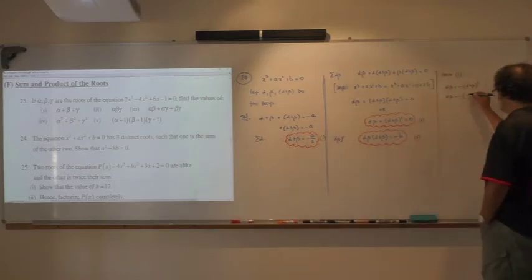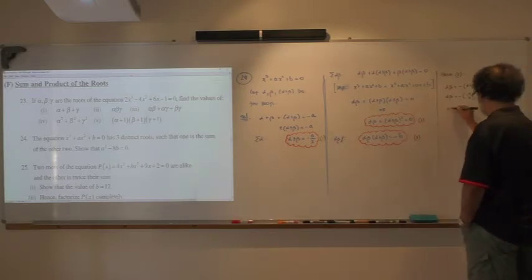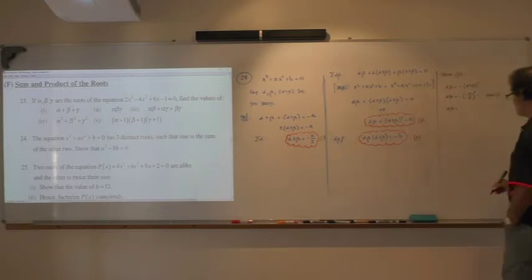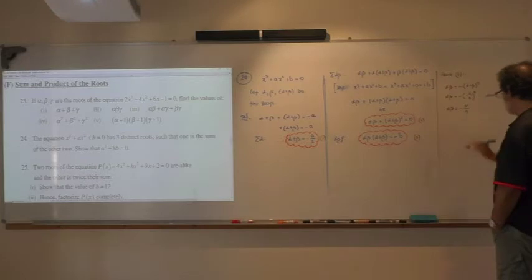So it's going to be negative a on 2 squared. So we're going to say that from 1, therefore, we're going to have alpha beta equal to negative a squared over 4.